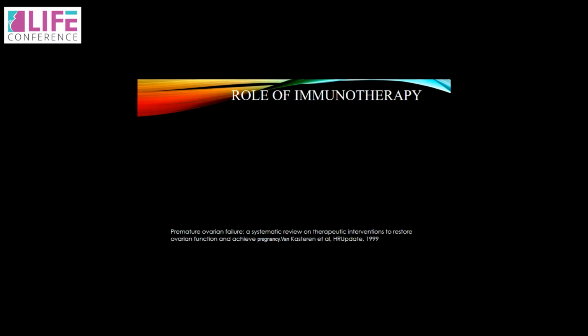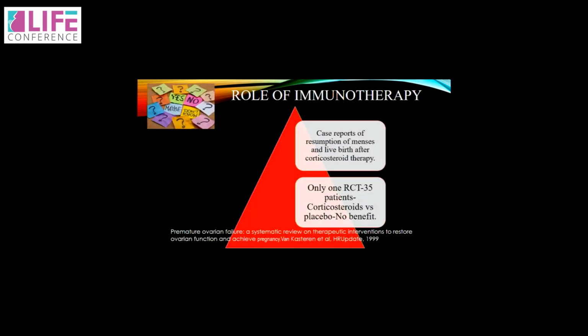So, what is the role of immunotherapy? There have been case reports, even in premature ovarian failure, where live births have been reported after corticosteroid therapy, but only one RCT where 35 patients were included, and corticosteroid versus placebo had no benefit at all.